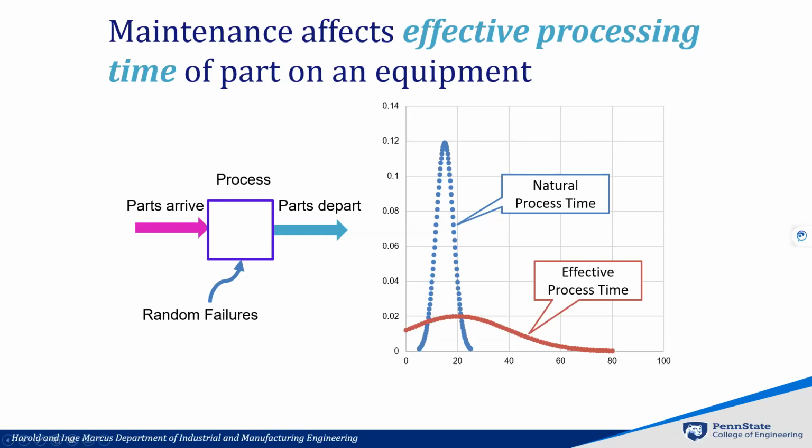And if you know something is going to go down ahead of time, then you can plan that activity in a much tighter way, and your repair times will be more predictable. All said and done, this red curve here, the effective process time, can be expected to have lesser spread or lesser variance.